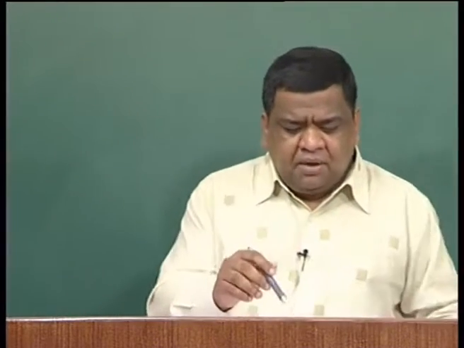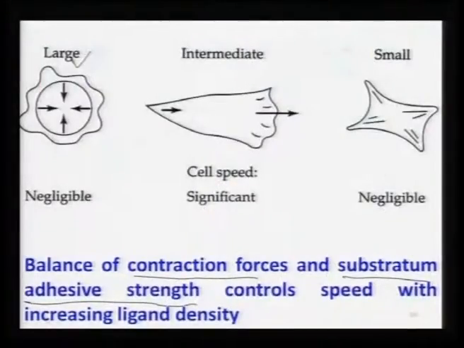If the adhesive strength is too much, then you require more force to break this substratum adhesion. That is very simple. Now, if that balance is quite large, then cell migration is negligible. That means cells will simply not move.